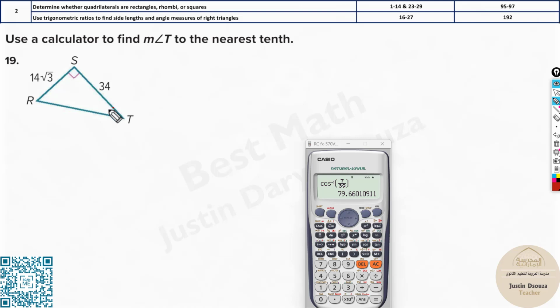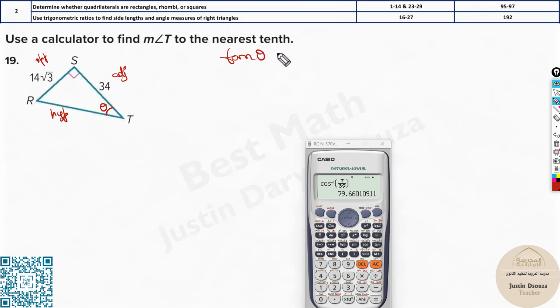They have asked to find the measure of T. So this is opposite. And after this, we have this is hypotenuse, which is not given. And over here, we have adjacent. So now what we do is, we need to remember which formula gives you opposite and adjacent. If there is no hypotenuse, then it's only tan theta.